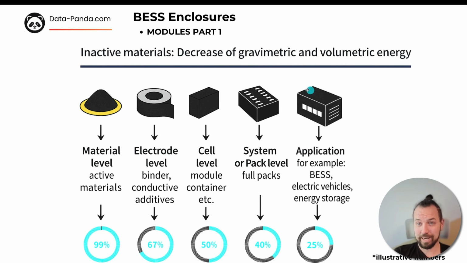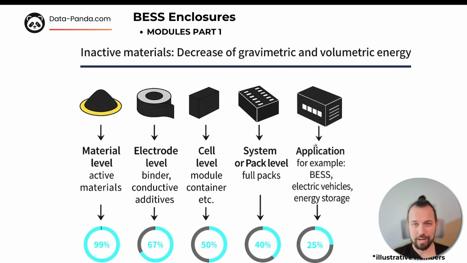Finally, at the application level, such as a battery energy storage container, the amount of inactive material is at its highest: containers, HVAC, fire protection, controls, auxiliaries. They are critical for safety and operations, but from the lean point of view, they are still waste.